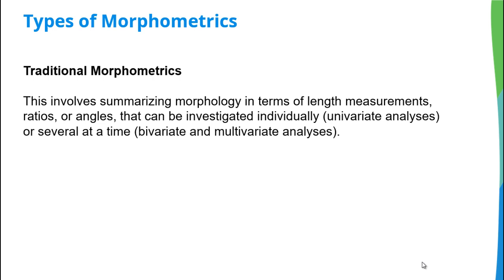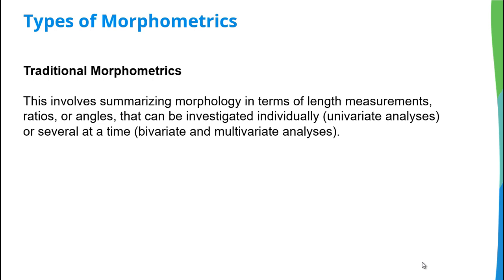The traditional involves summarizing morphology in terms of length measurements, ratios, and angles that can be investigated individually, which we call univariate analysis, or several at a time, which is called bivariate or multivariate analysis.